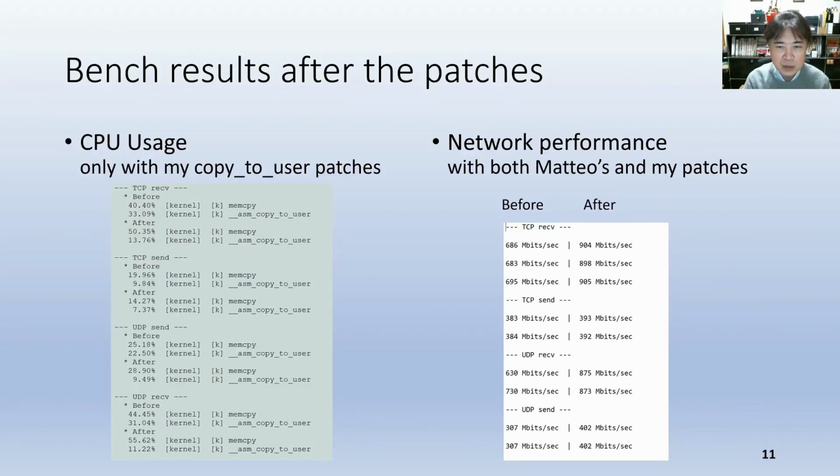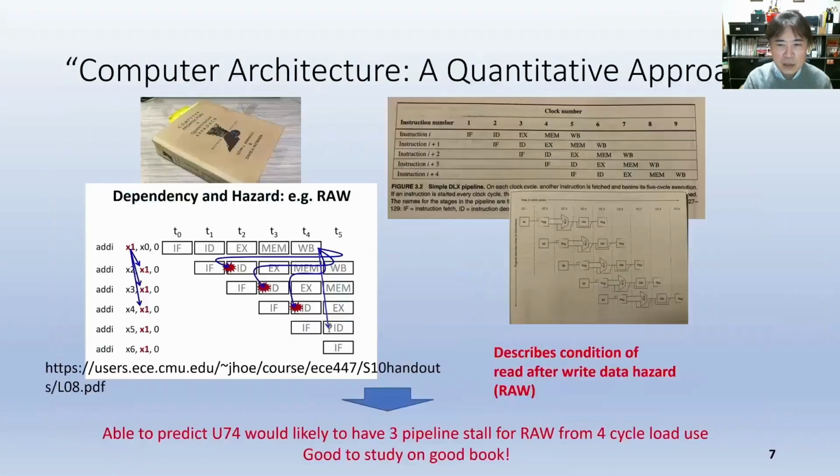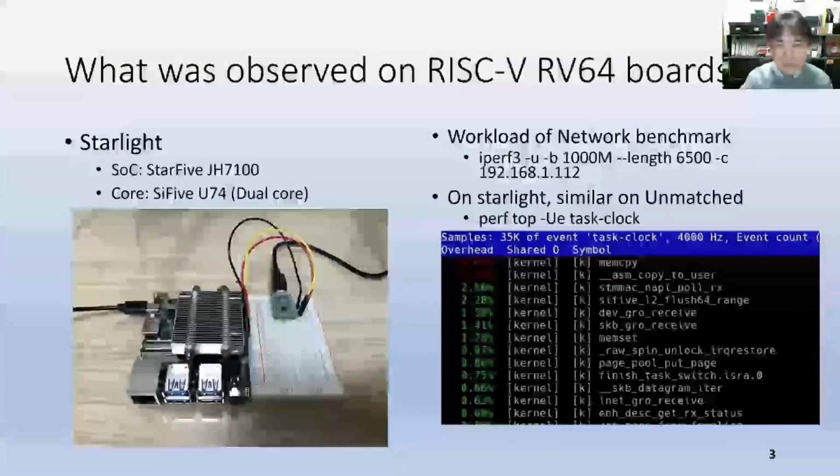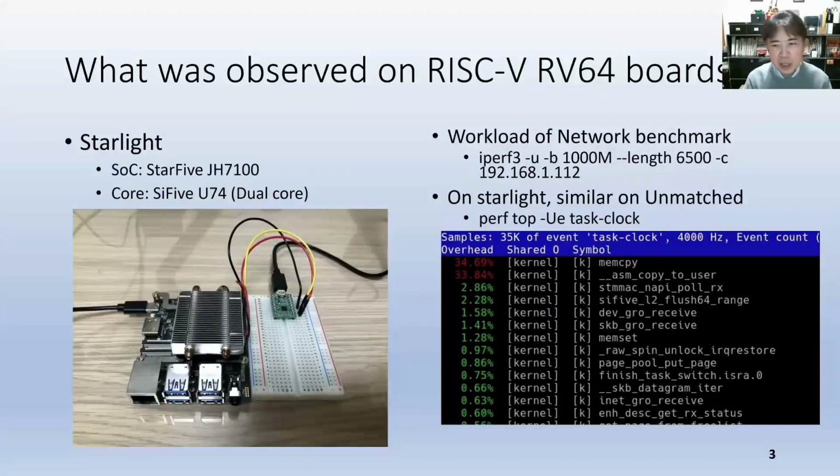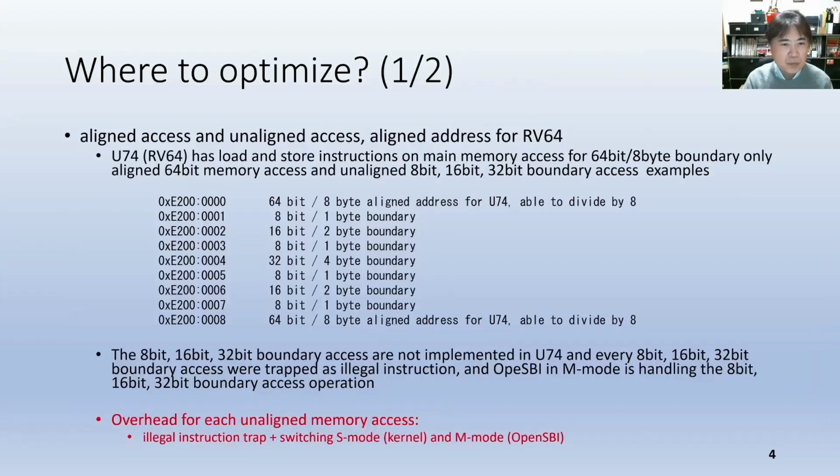This time it was 686, 683. So it's a story of how we observed the root cause of the overhead in two functions and how to optimize it, where to optimize in the copy function.